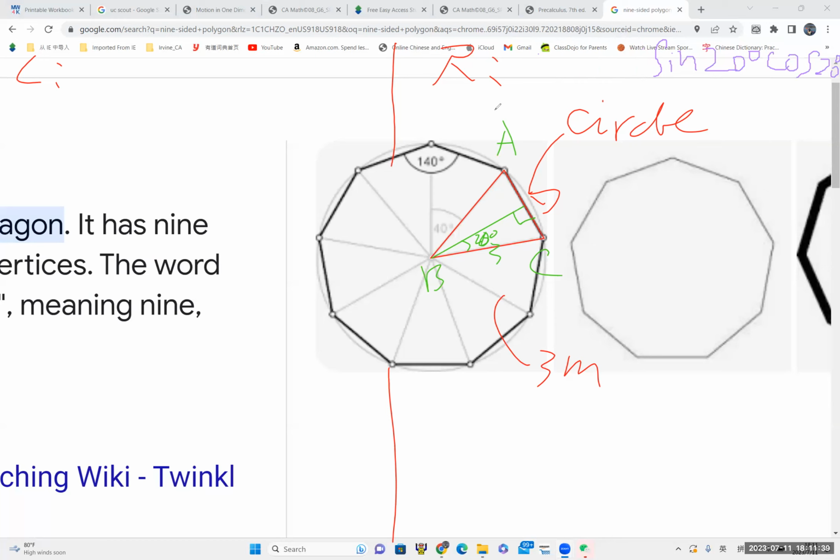Wait, let me change something. $81. Okay, so you're done, right? Yeah, this is not the area for the triangle. It's for the whole polygon, right? Let's call it A of polygon equal to this. Yeah, I get the same answer.